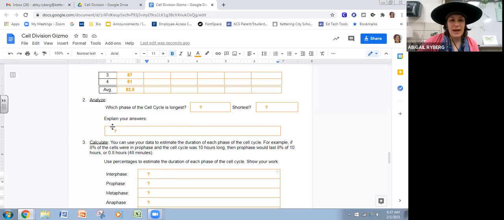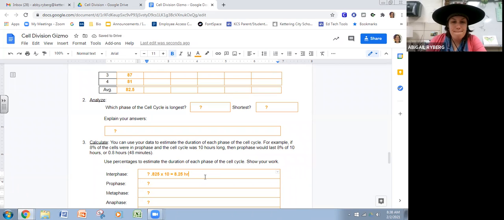So I'm going to put my 82.5 into a percent, which is going to be 0.825. And then I'm going to multiply it by 10. Whoops, sorry, I don't do math very often. And then that's going to be 8.25. Let me check my math on the board. 0.825 times 10 is 8.25 hours.